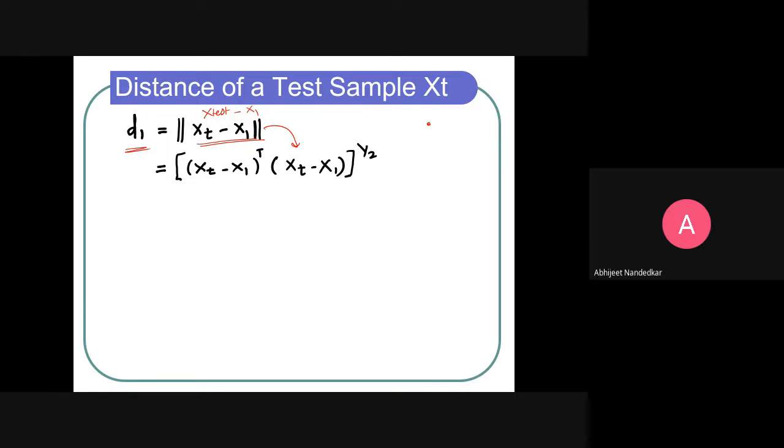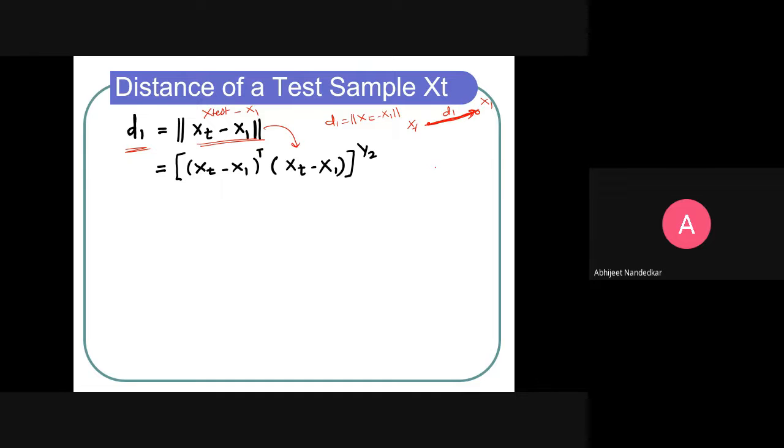So the concept is, you have this xt or test sample, you have this prototype x1, you will find out distance d1. So this d1 is the norm of xt minus x1. So this vector is xt minus x1.